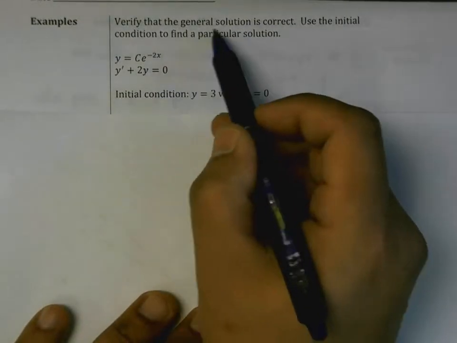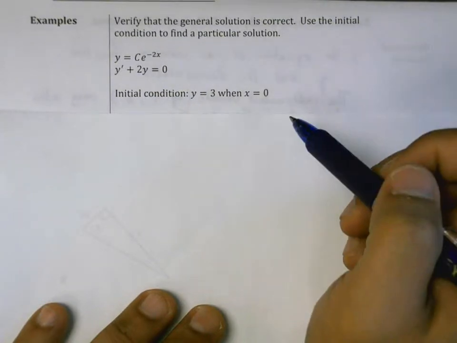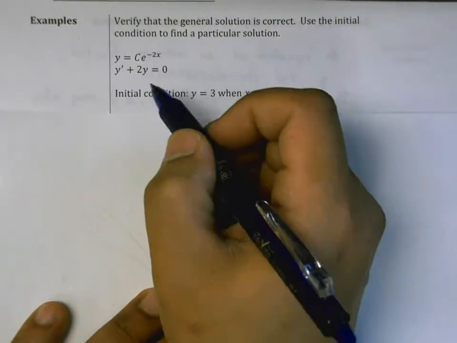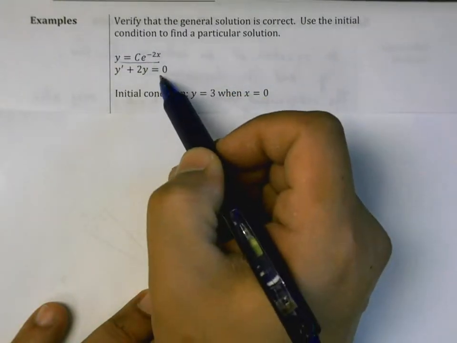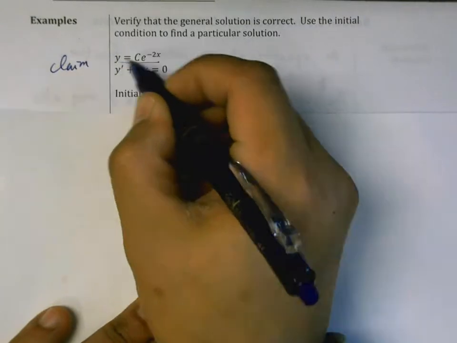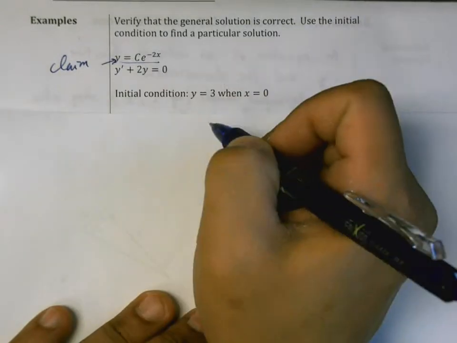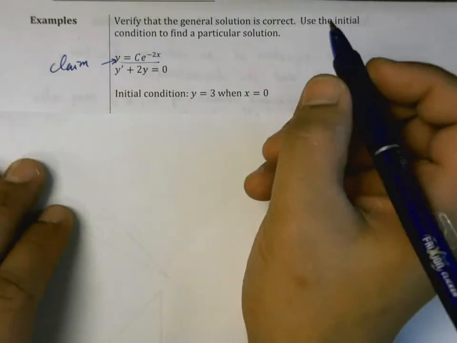It says verify that the general solution is correct and use the initial condition to find a particular solution. So this is basically saying that this equation is a solution, or the claim, right? The claim is that this solution here, this equation, is a solution to this equation.